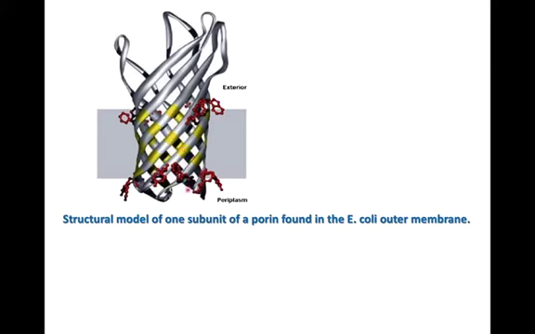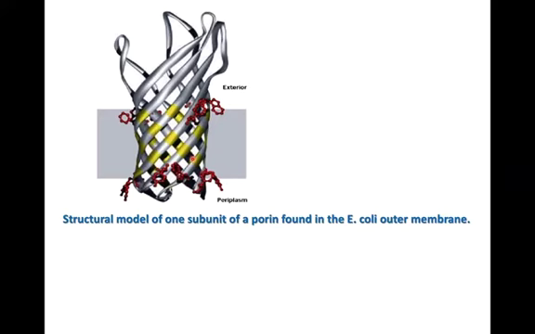So it shows that it is an integral protein because it's a transmembrane protein. It has a cytoplasmic phase part, an exoplasmic part, and a transmembrane part. But the difference here is that it is multipass. You have beta sheets transversing. You have 16 for each subunit, and this is the structure model of one subunit of porin found in the E. coli outer membrane.